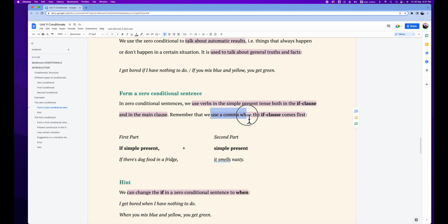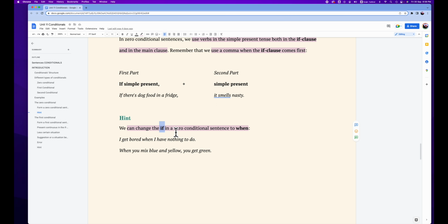There is a comma if the A part starts first. The if clause starts first, put a comma in the middle, like this. Both sides will be using simple present. A part: if there's dog food in a fridge. B part: it smells nasty.